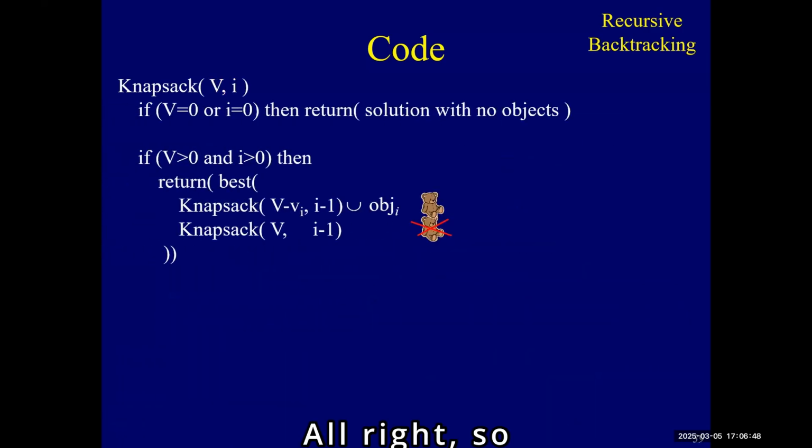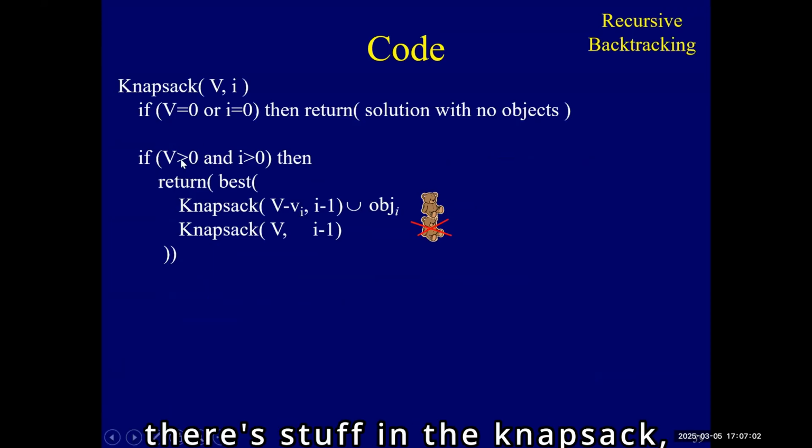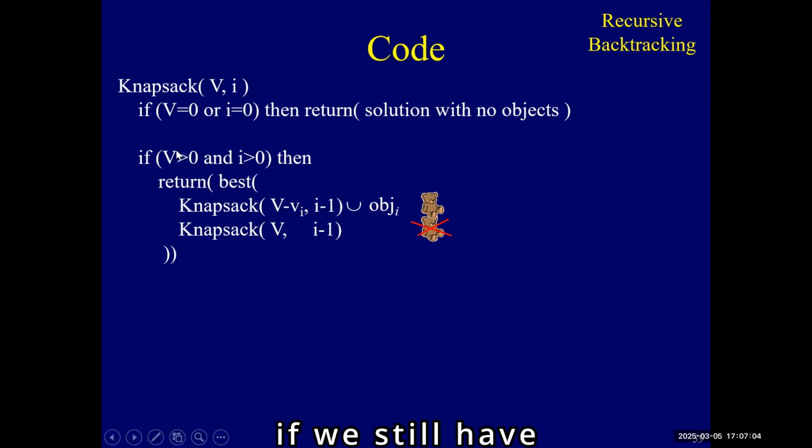All right, so here's some code, right? I like the general code first. We say, well, if there's stuff in the knapsack, if we still have volume in the knapsack and there's still objects to consider, right, then we take the best of those 2.